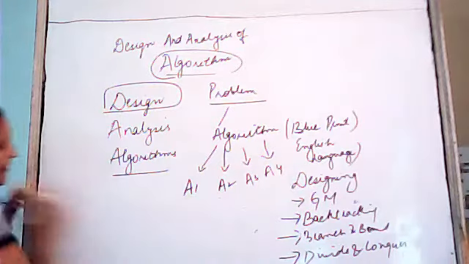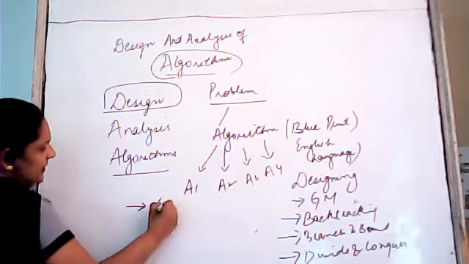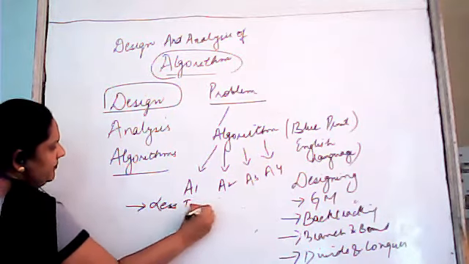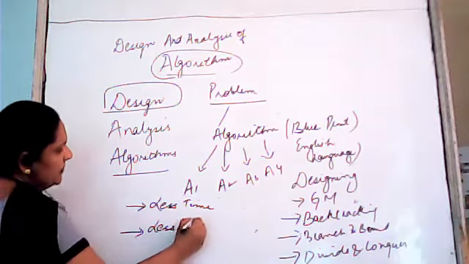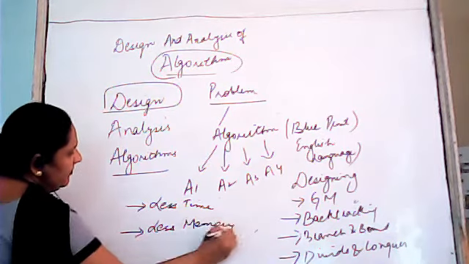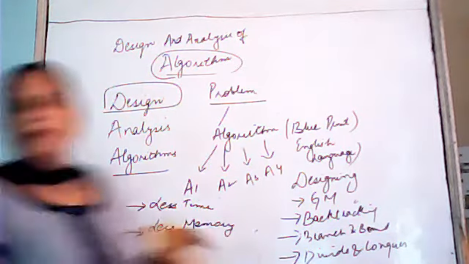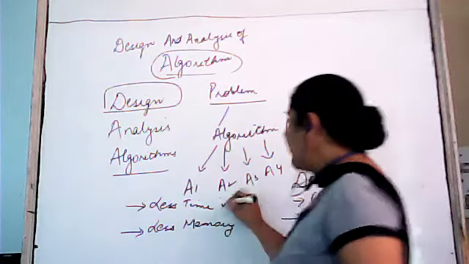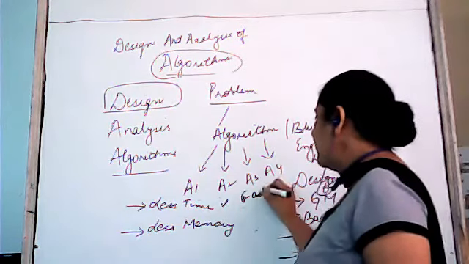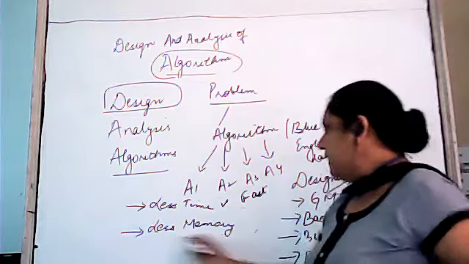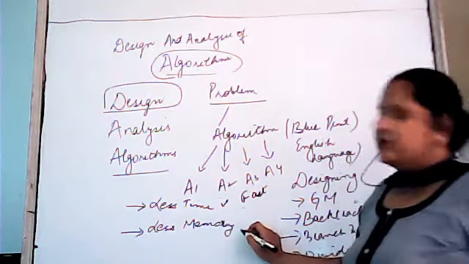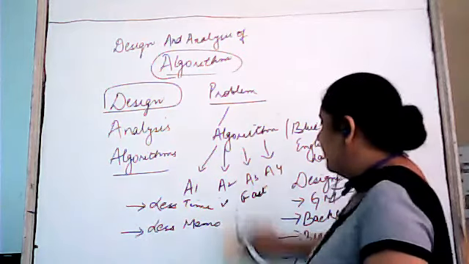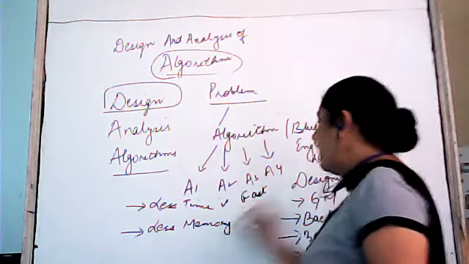Out of these 4, what is required is less time and less space in the memory. Less memory we can say. The algorithm which will take less time to execute, that means it would be fast, and if it takes less memory, that means it can work efficiently because memory fetching times would be reduced and it will make the program faster.